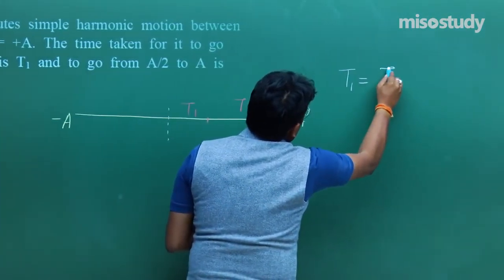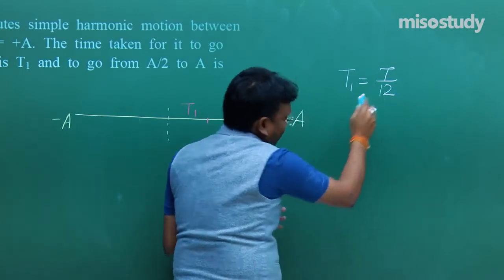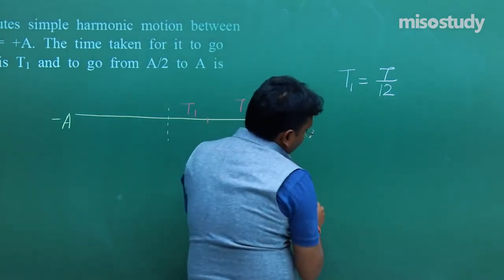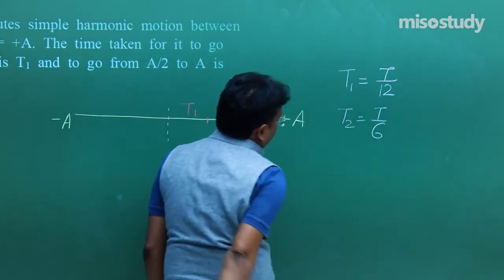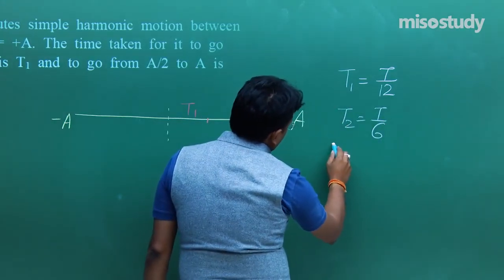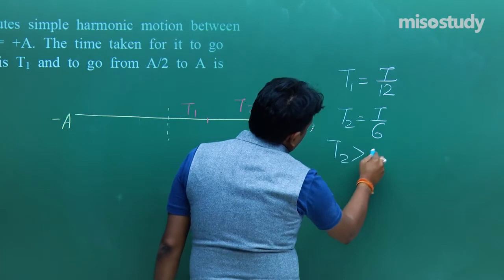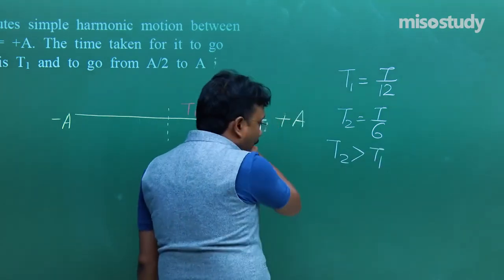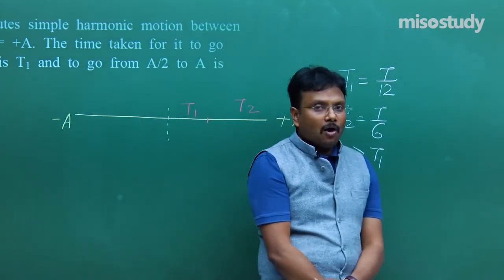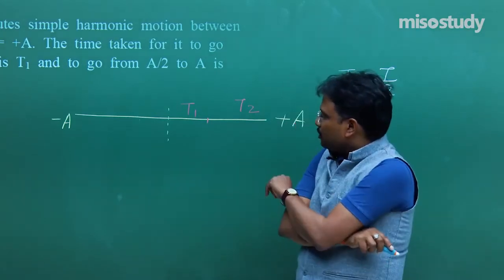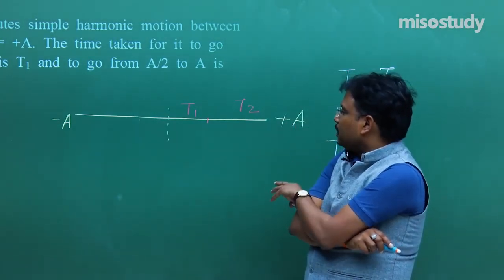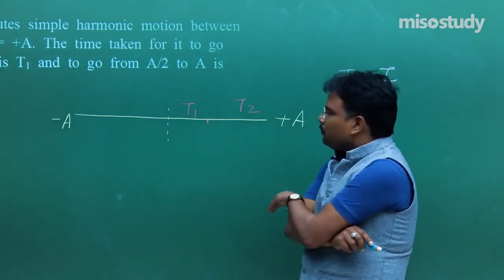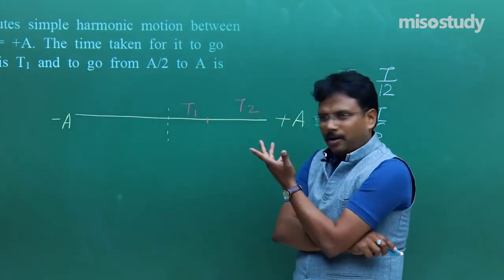T1 is equal to T by 12 and T2 is equal to T by 6. So you can simply say that T2 is greater than T1. I am sure many of you will say, what's this? Simple one yellow color line, then two red color T1, T2, and then this T1 is equal to T by 12, T2 is equal to T by 6. What does it mean?